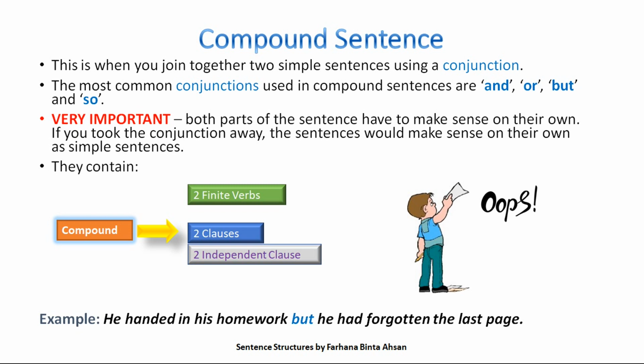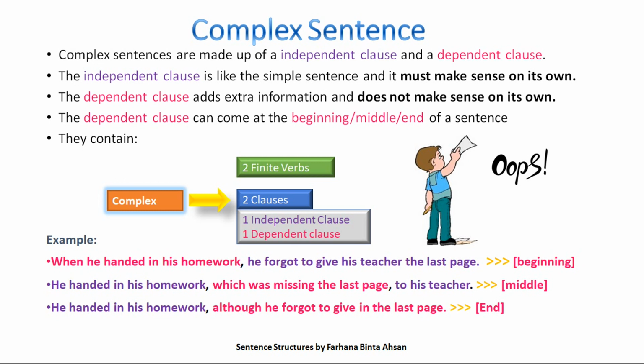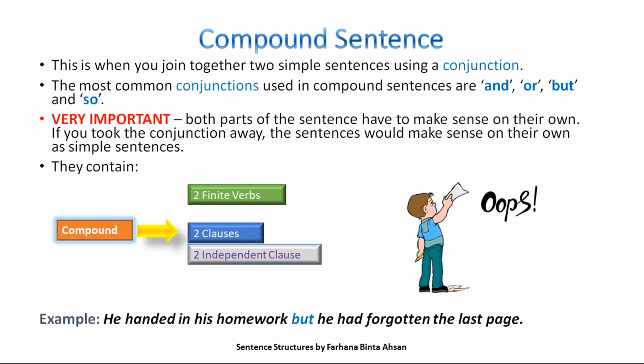But the complex sentence also has two clauses. But the difference is that here there are two finite verbs and two clauses, but one clause is independent and another clause is dependent clause. But in compound sentence, there are two clauses, and both clauses are independent clauses.